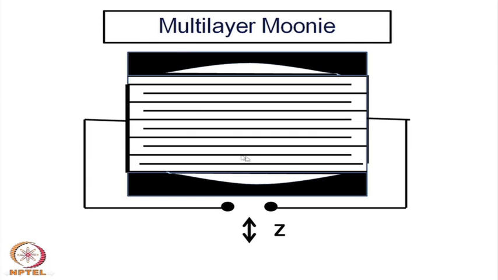We have seen earlier multilayer Moonie, the single layer Moonie, and this is also multilayer Moonie. So, we have a metal plate here, and that is to enhance the actuating property of the multilayer actuators.